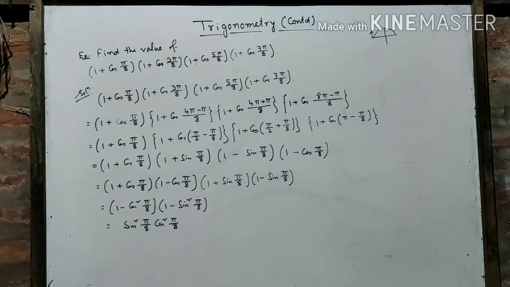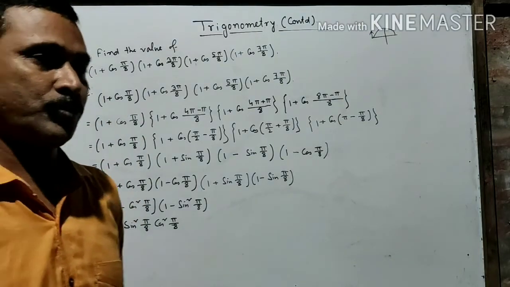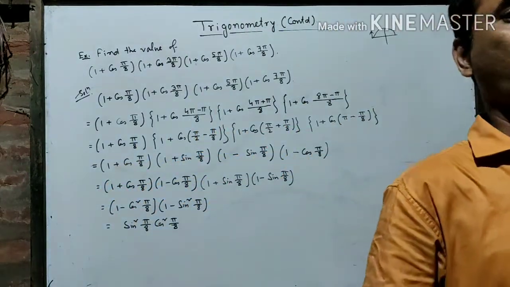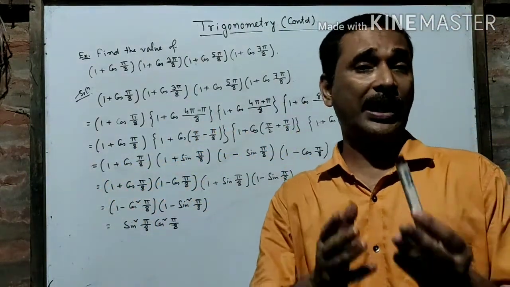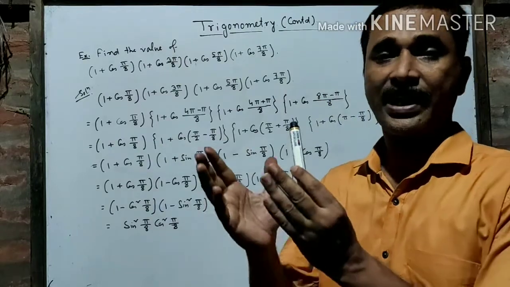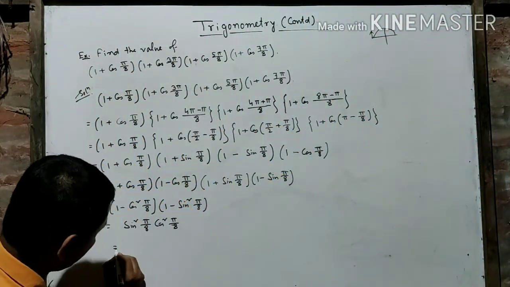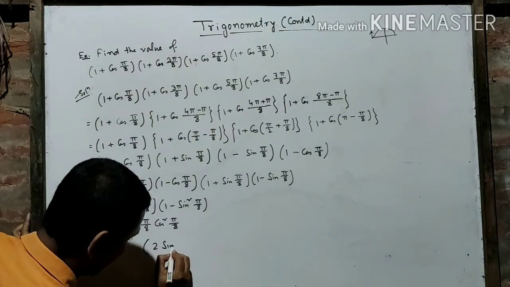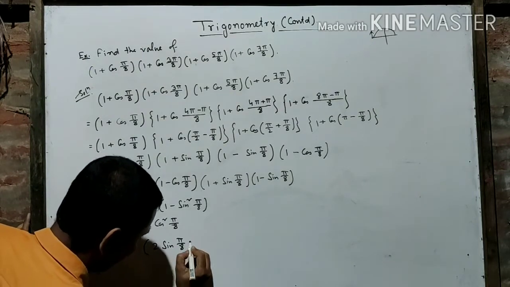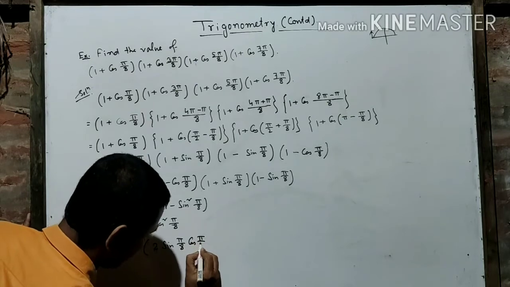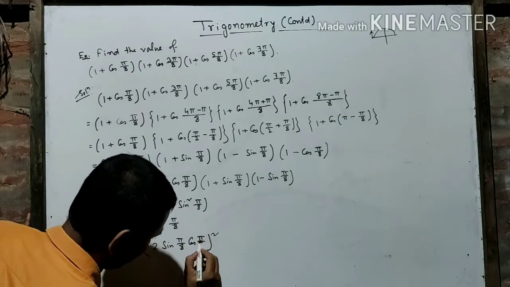Now what can we do? This is sin square a into cos square a. We have a formula: sin twice a is equal to 2 sin a cos a. So we arrange it here: this is equal to 2 sin pi by 8 into cos pi by 8 whole square.